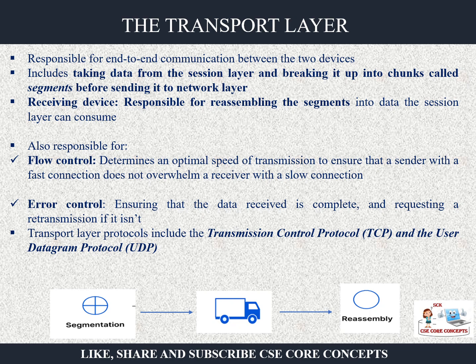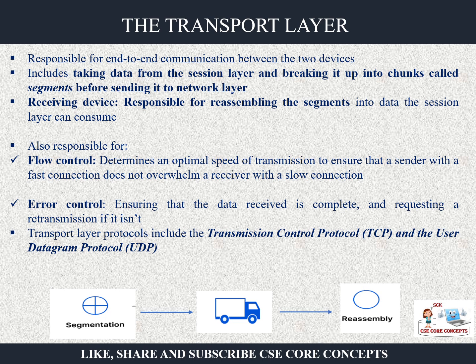Then comes the transport layer. The transport layer is responsible for any type of end-to-end communication. It takes the data from the session layer and breaks it into small parts, because the data is huge, you might have a huge media file, video file, or long email text.